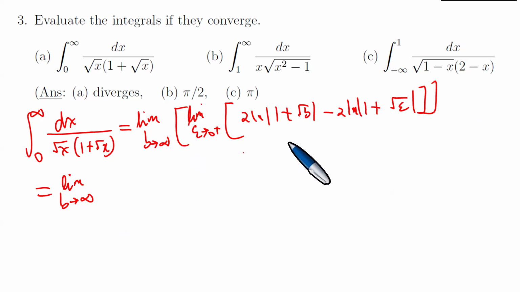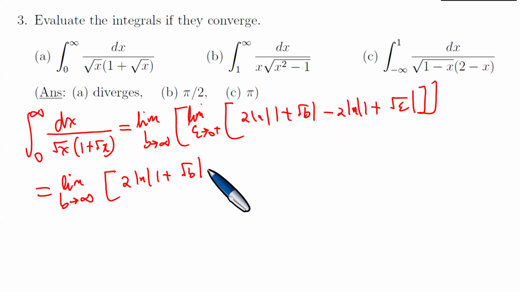Okay, now let's take the limits. First, we take the limits one by one. We're going to take the limit as epsilon approaches 0 from the right. So it's going to affect only this one, but the b is not going to be affected yet. So you have 2 the ln of 1 plus the square root of b minus 2 the ln of 1 plus the square root of 0.